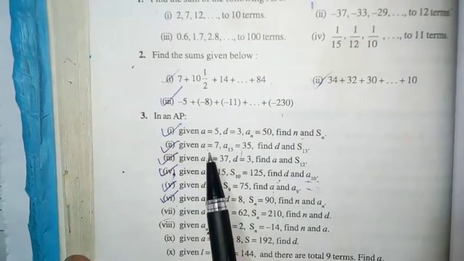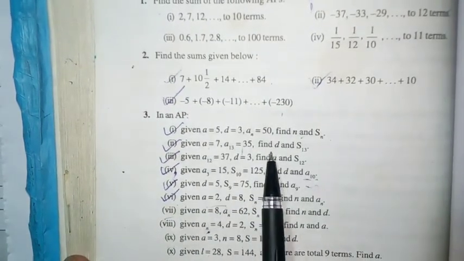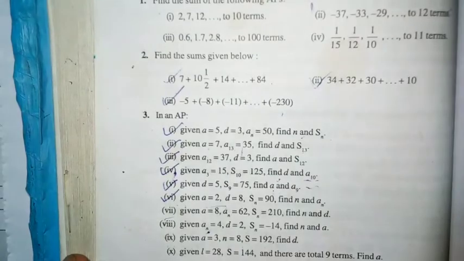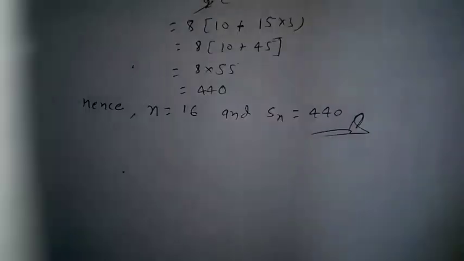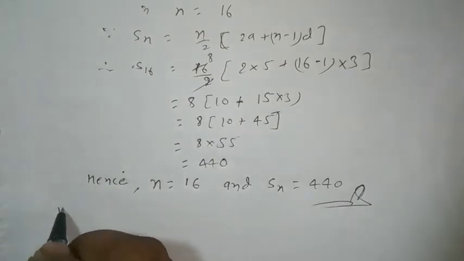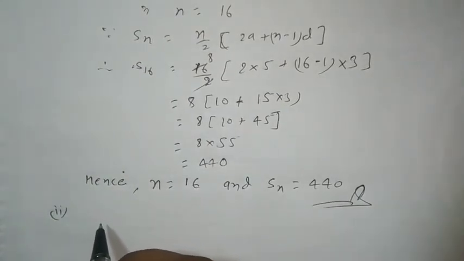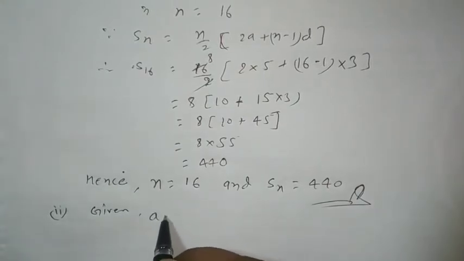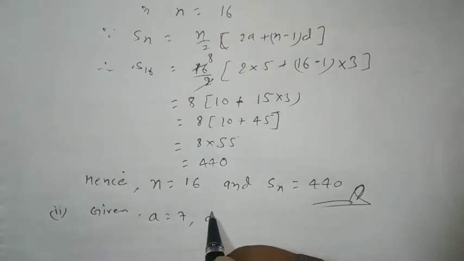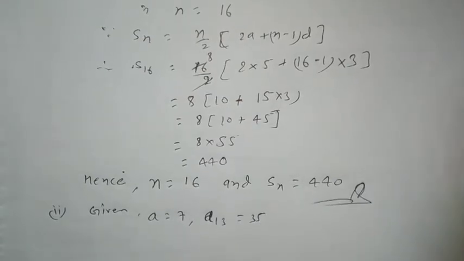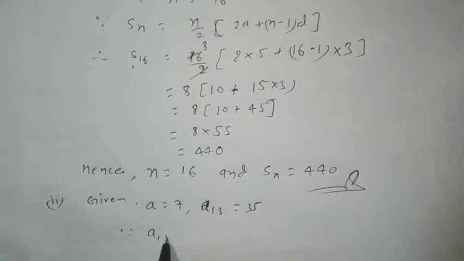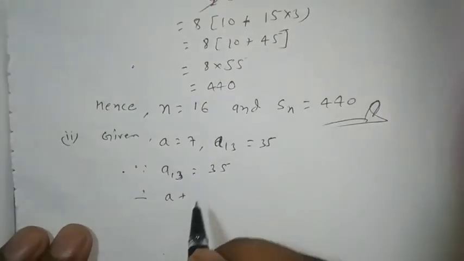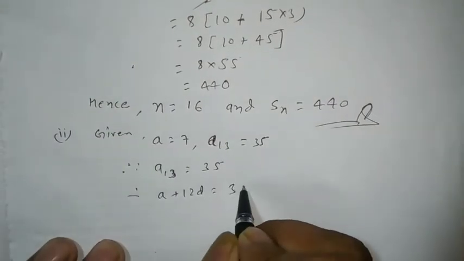The second question. Given a is equal to 7, a13 is equal to 35, find d and S13. Because a13 is equal to 35, therefore a plus 12d is equal to 35.